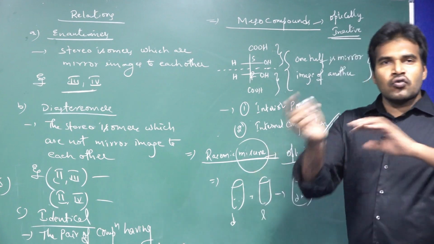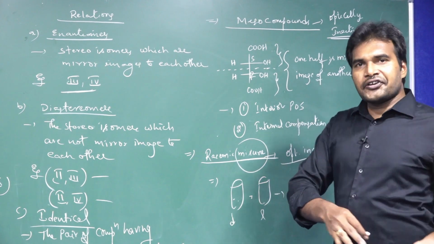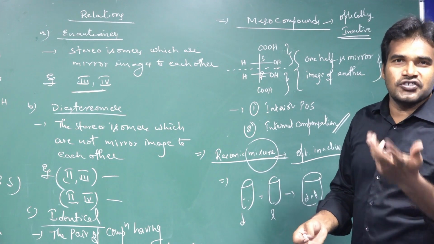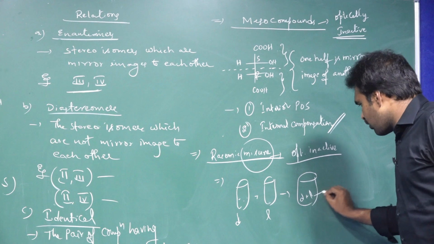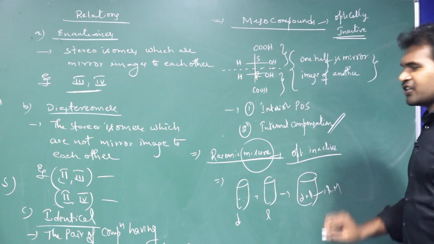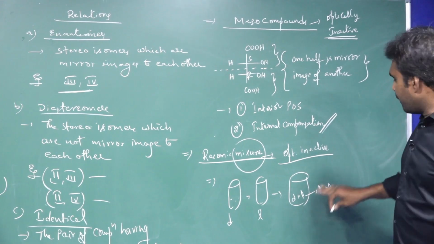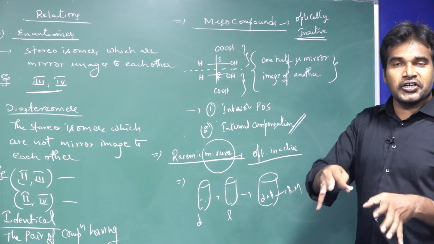It rotates it to the left side. At a certain point, the total magnitude of the left side is equal to the total magnitude of the right side, so overall it becomes zero. This D plus L mixture we call a racemic mixture.